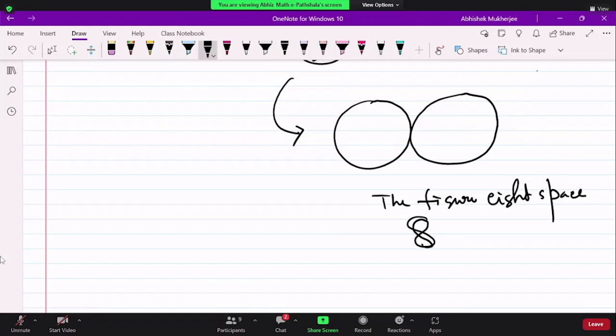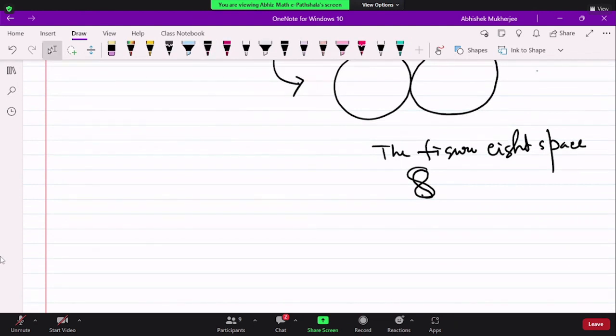So you can see what would be the covering space. We can check that this space is homeomorphic with this one. Let us call it X, let us call it Y, and make it homeomorphic with this space, right?